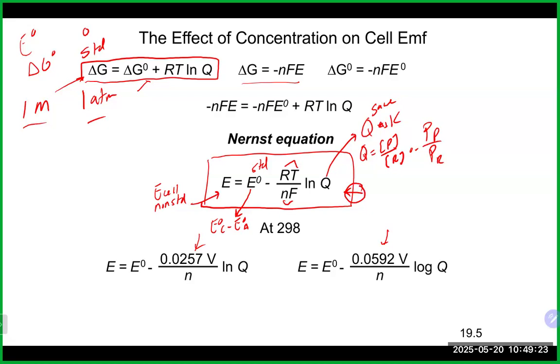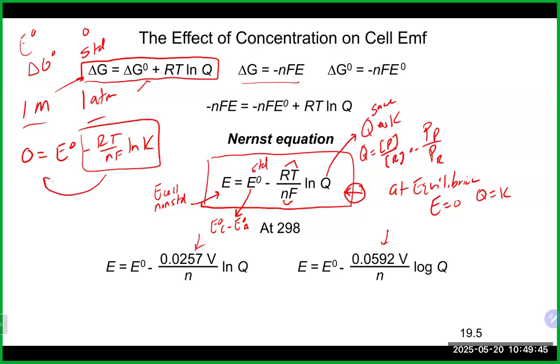That equation actually comes from the Nernst equation, because at equilibrium, E is equal to 0 and Q would equal K, which would give you this equation: 0 equals E naught minus RT over nF natural log of K. You would take this entire thing and add it to the other side, and that would give you the equation we saw previously, E naught equals RT over nF natural log of K. That is where that equation comes from, and also why there is no negative. People put negatives in that other one because they see the negative here and think about it.